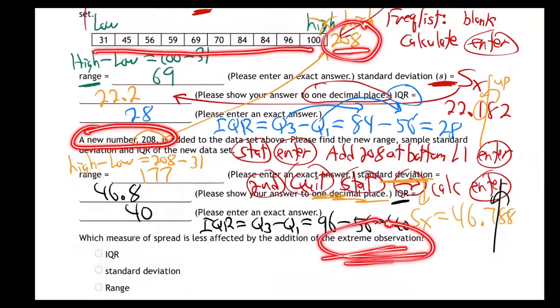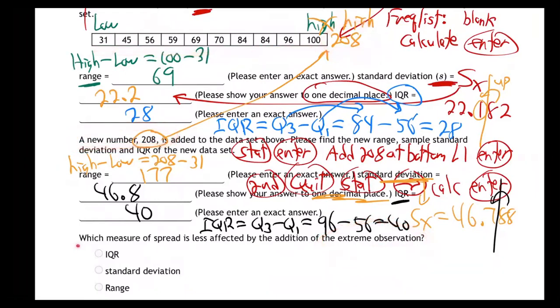So what does that mean? They're saying which measure of spread is less affected. You see those words there? Less affected. What do they mean by that? Which one changes the least? IQR, what did IQR do? IQR was 28, it went to 40.